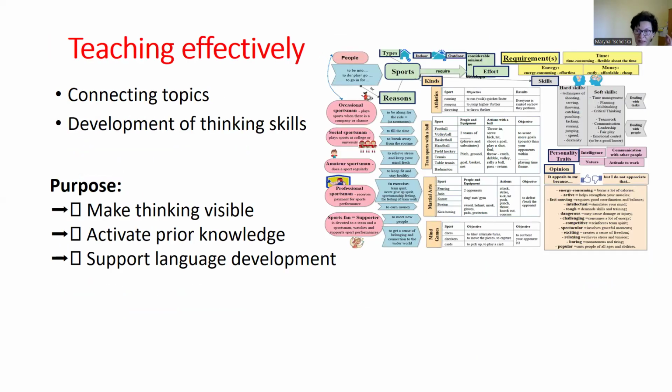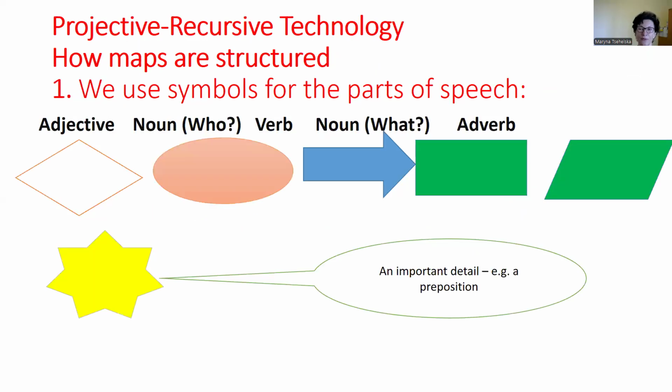We connect topics, we use pictograms, we use color coding, and we develop their thinking skills. So what is the basis of this projective recursive technology? Number one, we need symbols for the parts of speech.